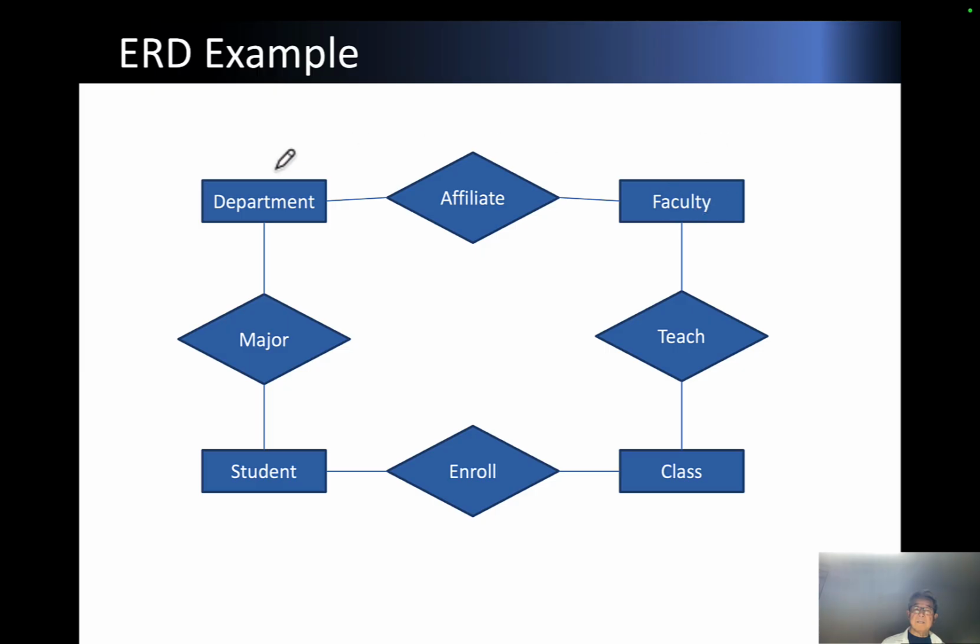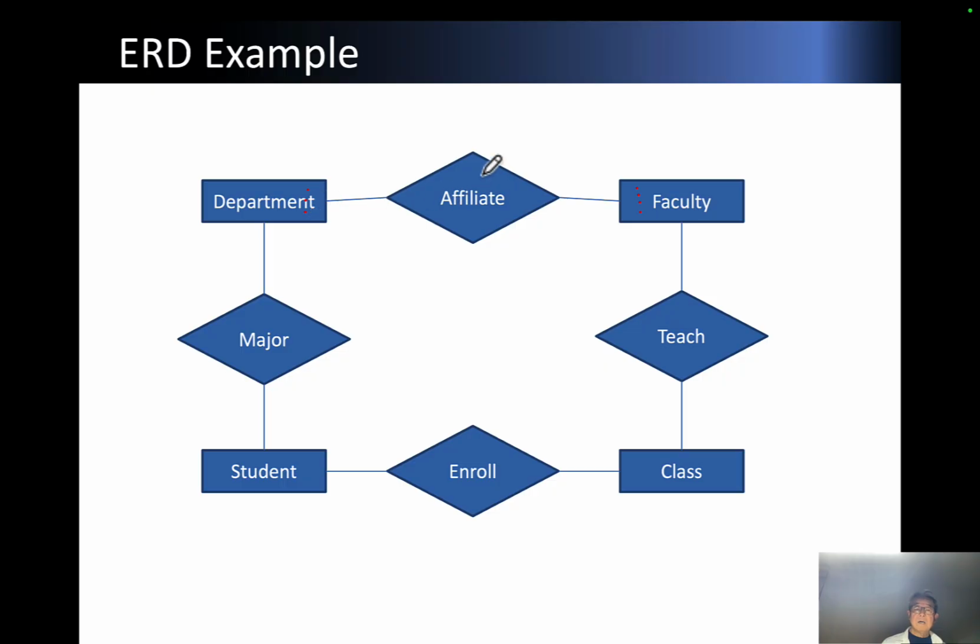If we see the department table and faculty table, then there is a relationship. Faculty here, there are faculty members, and department has multiple faculty. Some of the faculty may be affiliated with this department. Some other faculty members may be affiliated with other departments.